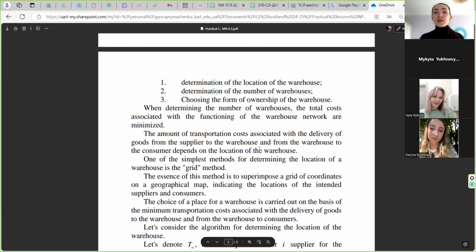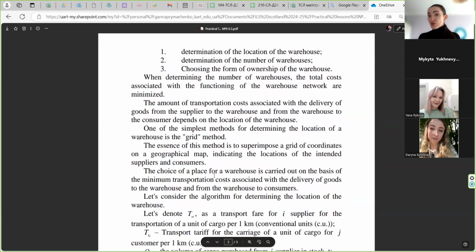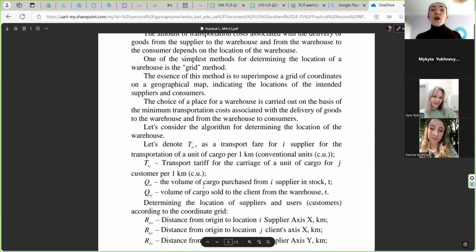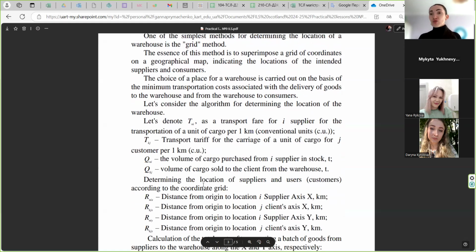One of the simple methods of determining the location of a warehouse is the grid method. So today we use this grid method to find where we need to locate our warehouse. The essence of this method is to superpose a grid of coordinates on the geographical map indicating the locations of the intended suppliers and customers.